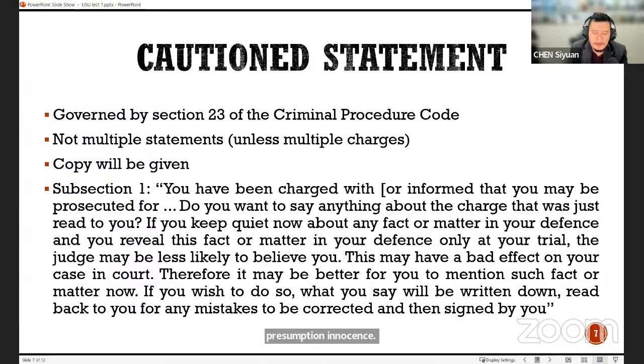So some might say, is this different from Section 22? Because Section 22 says you're obligated, right, to state the truth unless it incriminates you. Here, you are highly encouraged to raise anything that could help your defense later on.